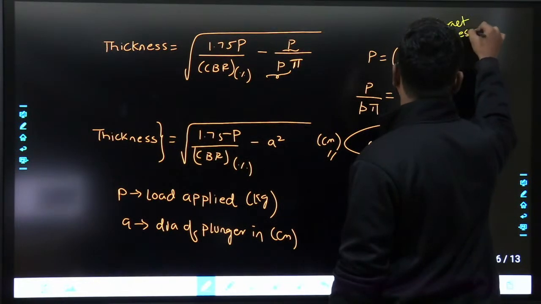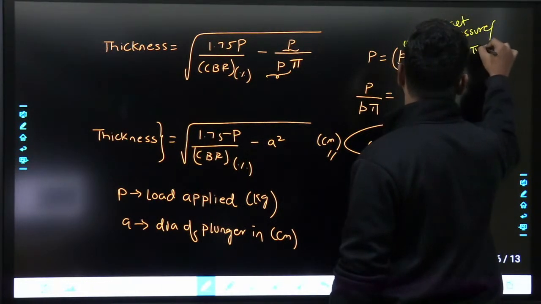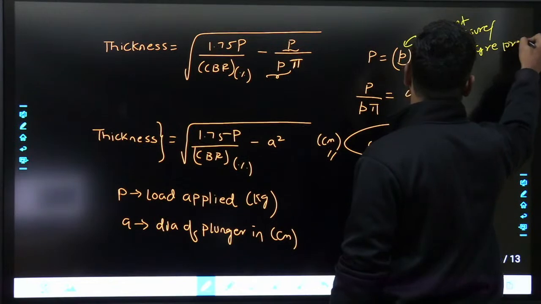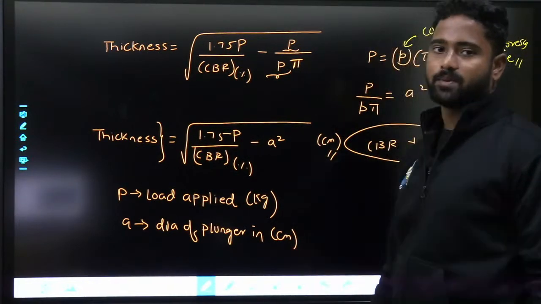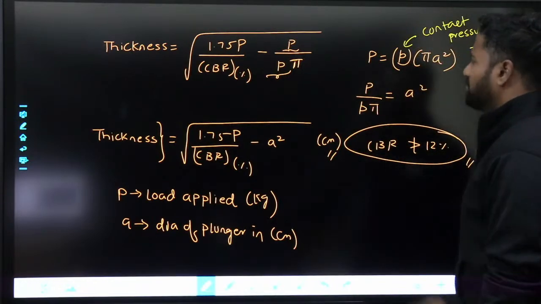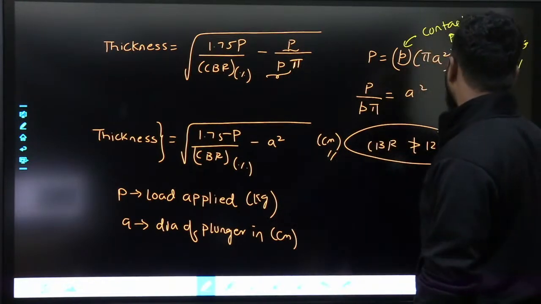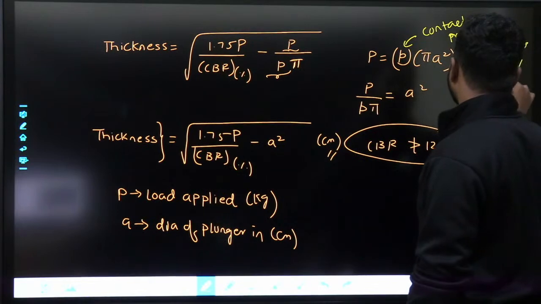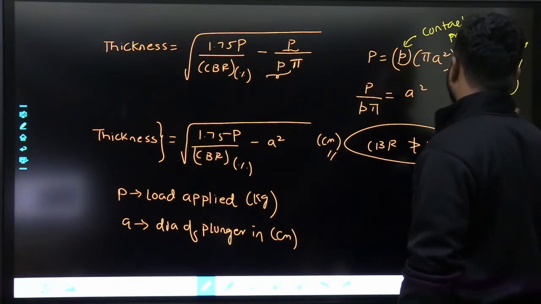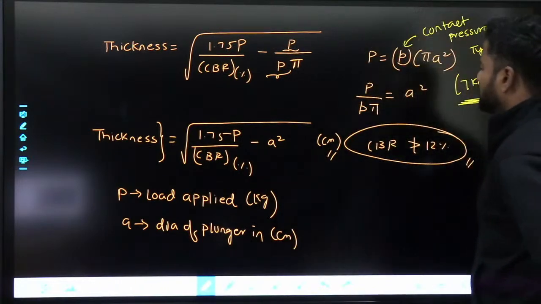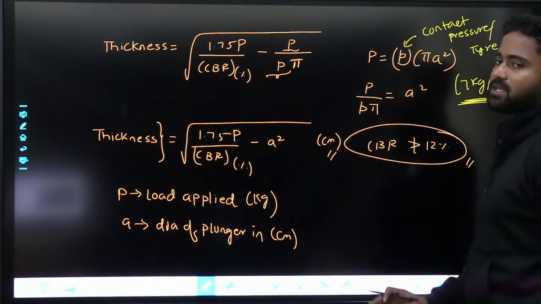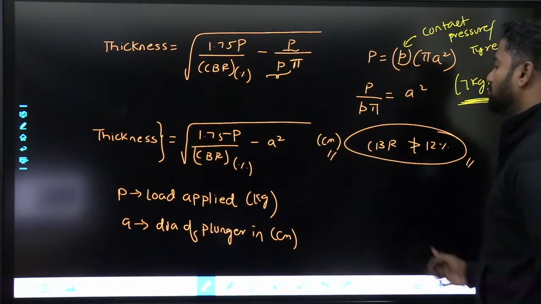or tire pressure. Generally what would be the range of contact pressure or tire pressure? That would be around 7 kgs per centimeter square. So if nothing is mentioned, you will consider contact pressure or tire pressure as 7 kgs per centimeter square. If something is mentioned in the question, use that value. Here it is 70 kgs per centimeter square, but it will not be up to that much.